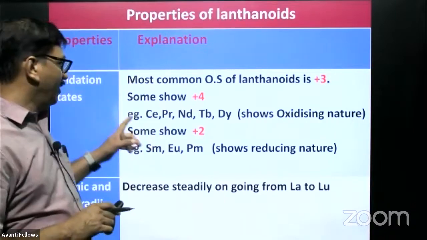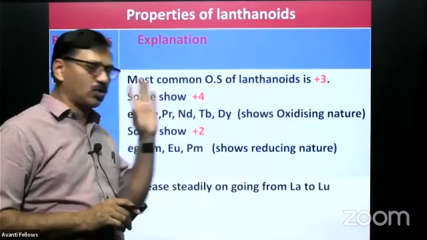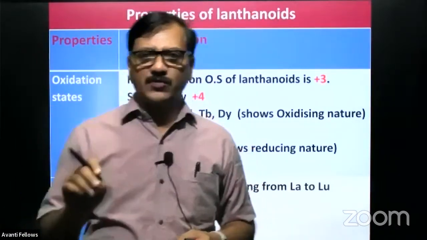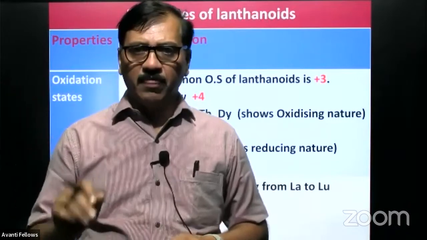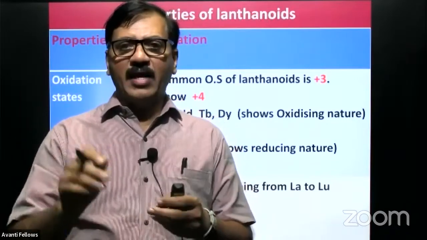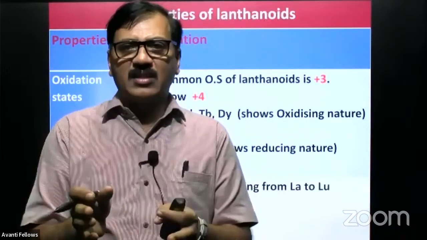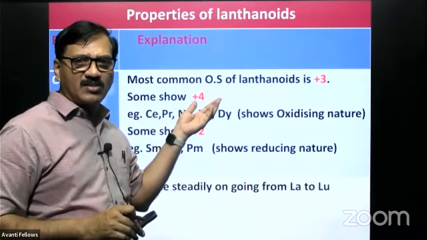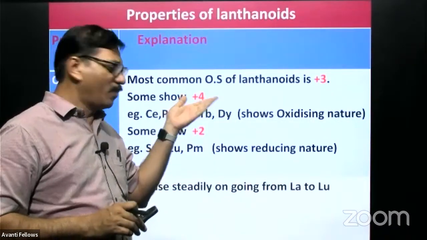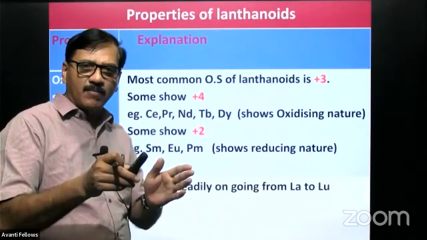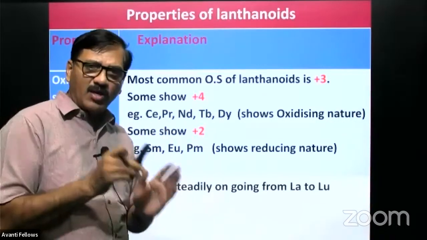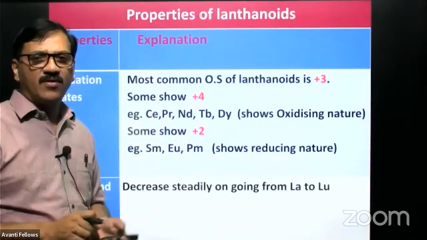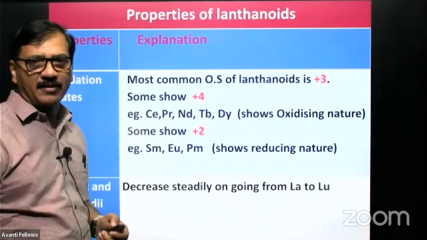They also show +4 and +2 as two other oxidation states, and these are formed when they attain half-filled or fully filled stability by losing 4 or 2 electrons. When it has to form the +4 oxidation state, it has to lose 4 electrons. So by losing 4 electrons, if you get half-filled stability, that is the f0, f7, or f14 configuration, then they show such kind of variable oxidation state, right?